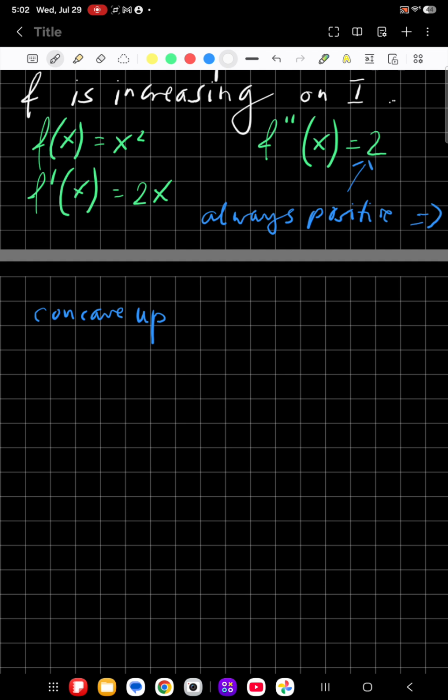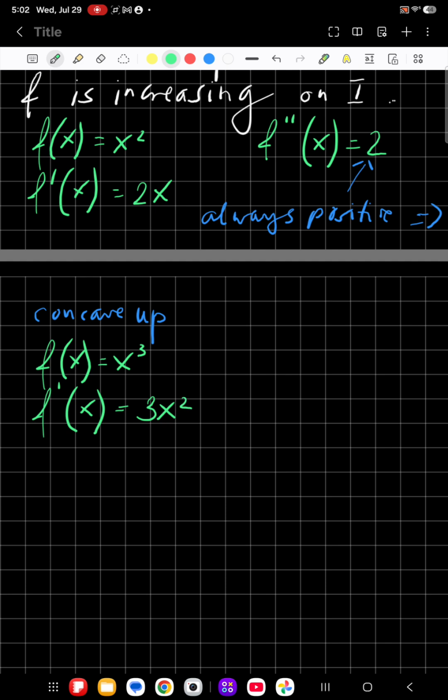All right, so let's look at that other example we had, x cubed, and analyze it analytically. So f of x equals x cubed. The first derivative, f prime of x, is 3x squared.